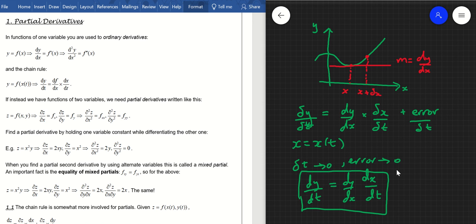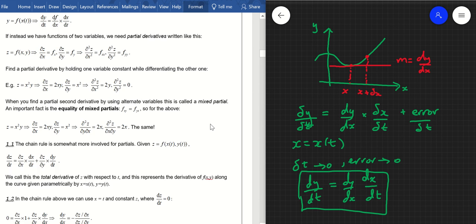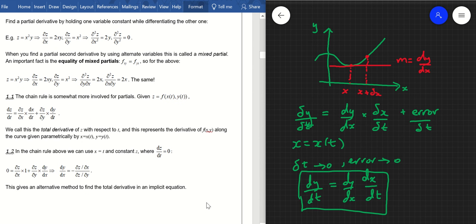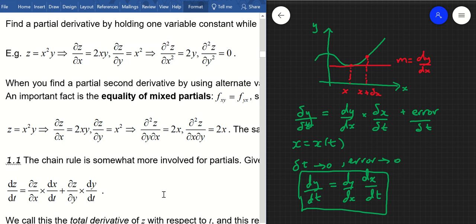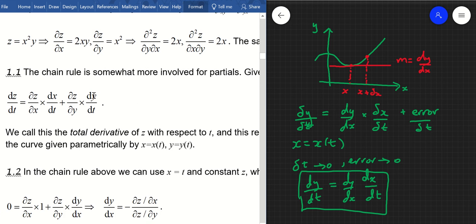And we can have a chain rule as well for partial derivatives. And so got that down here. So let's see where that comes from. How do we get there? Well, we're going to have a similar process.